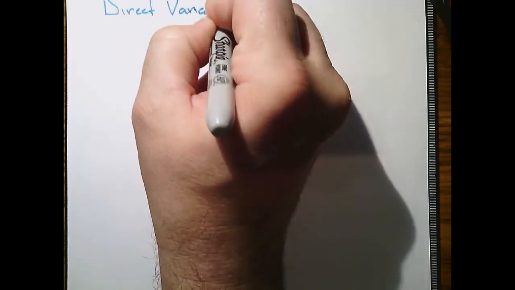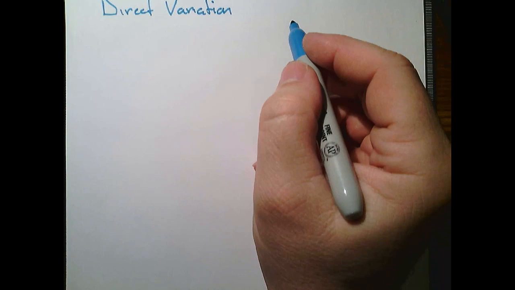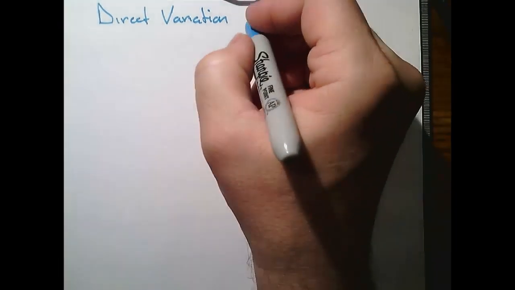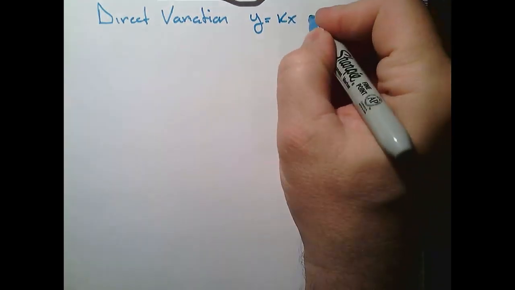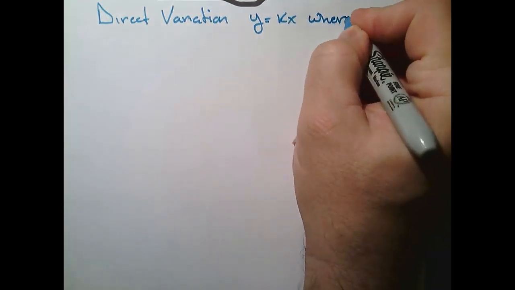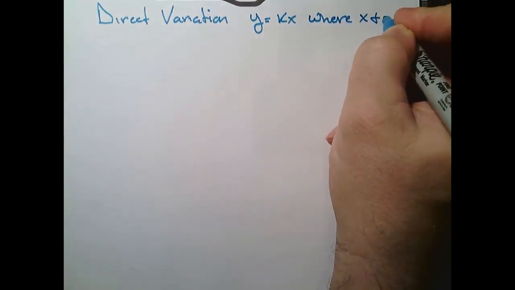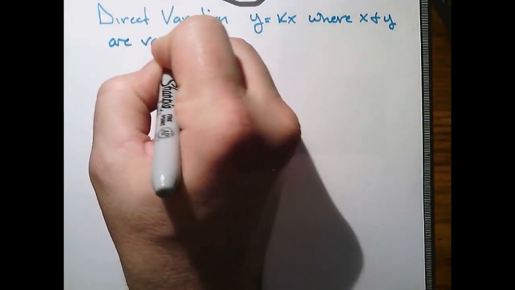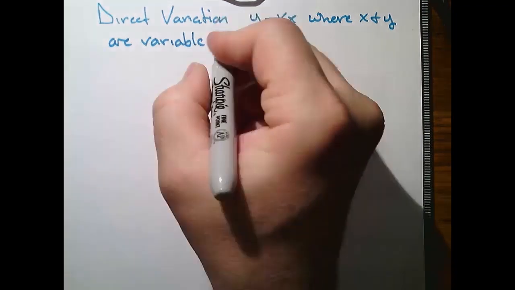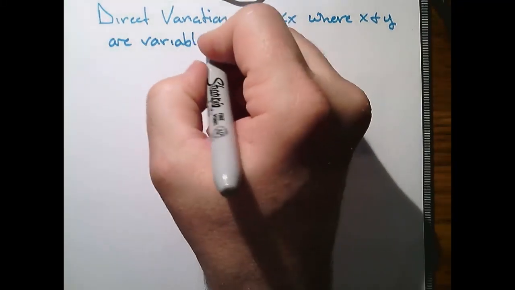Okay, so yesterday we took a look at direct variation, and that's in the form of y equals kx, where x and y are variables who are related by a constant k.